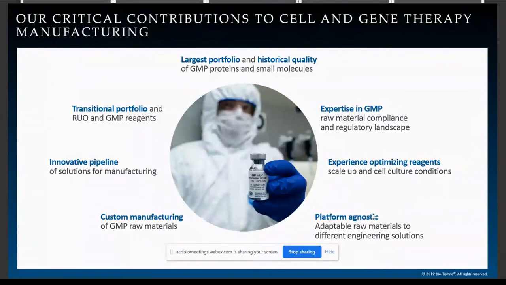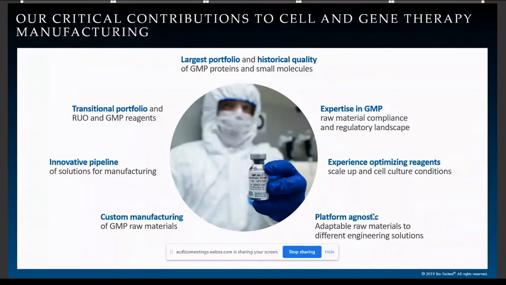We are actually opening up a brand new GMP facility that will help with supply chain demands as well. And we're also continually optimizing our reagents and protocols so that these processes can not only be used at the research and development scale, but can be scaled up readily and easily into preclinical and clinical stage.